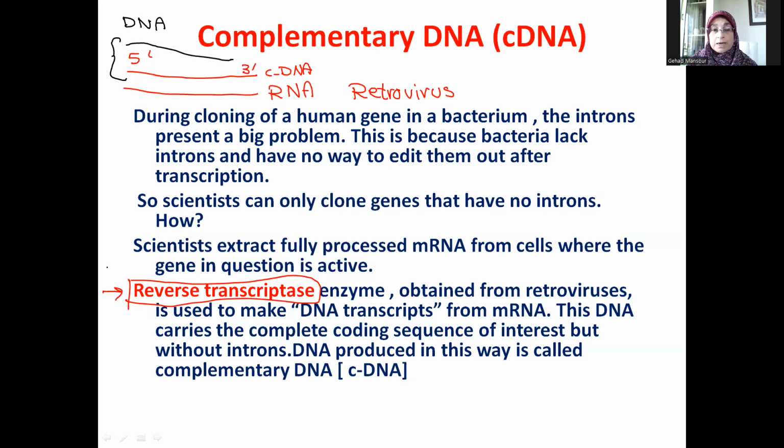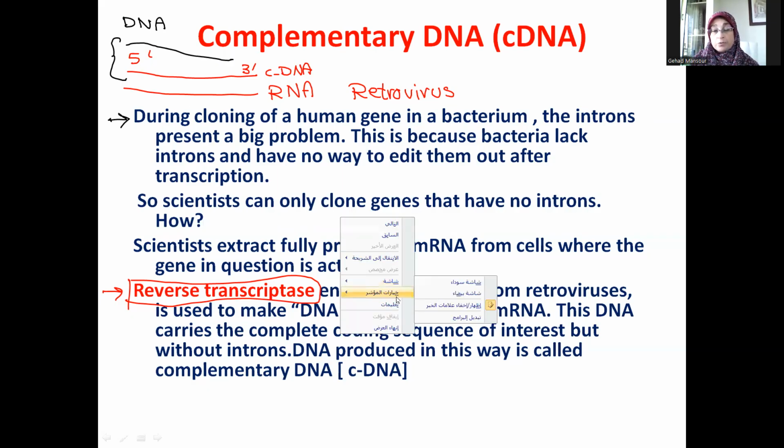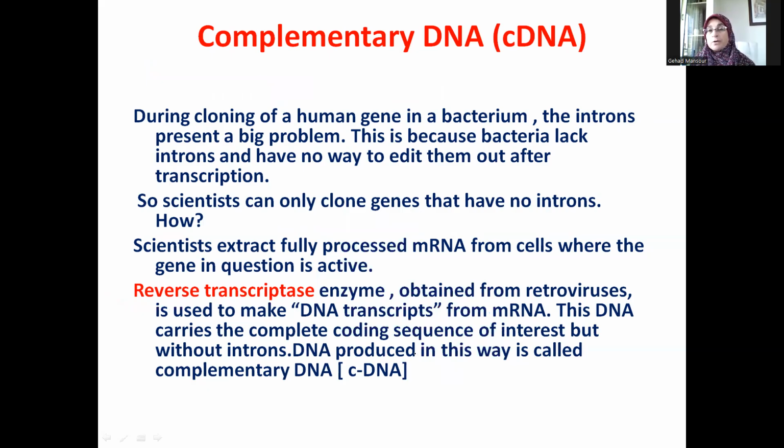Similarly, there is another importance for reverse transcriptase during cloning of human genes, or during obtaining several copies of any human gene. For example, you have a sequence that represents the insulin gene, and you want to get several copies of that sequence. We call this cloning.